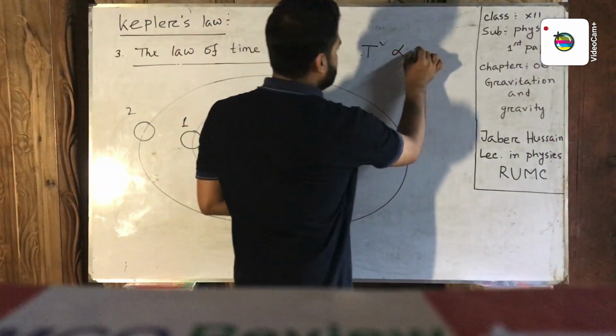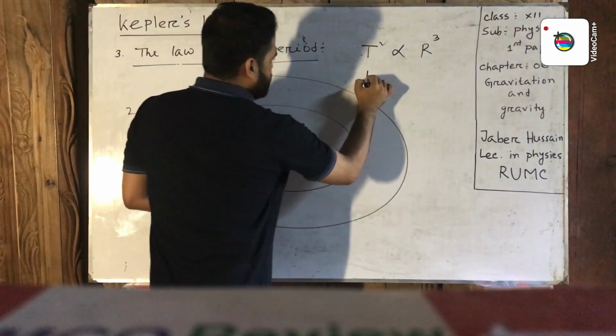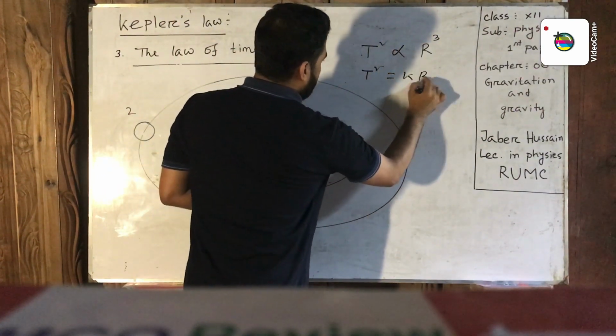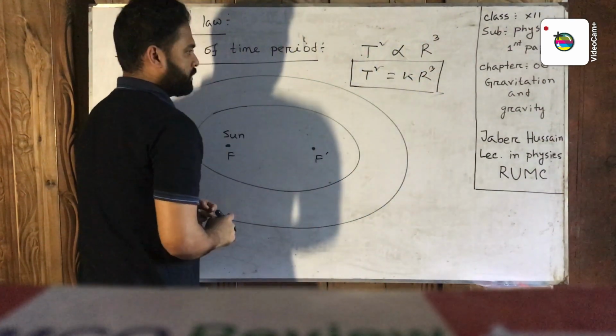Now T square is directly proportional to R cube. Now T square equals k R cube. K is the proportionality constant.